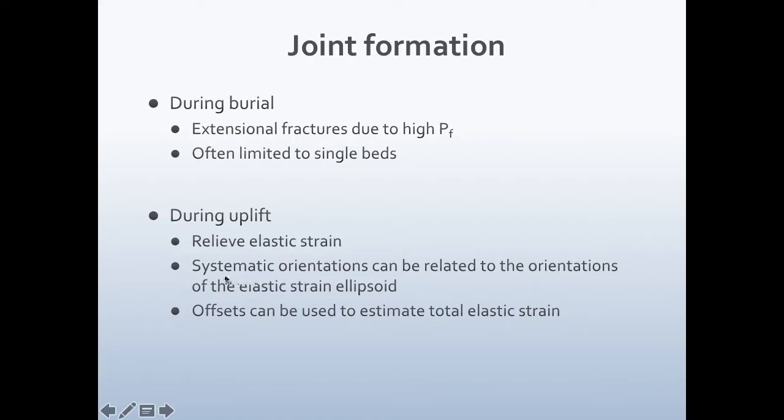The systematic orientations of joints, as we said, they tend to occur in parallel sets, can give us a sense of the strain that is occurring. The joints are facilitating a very small amount of strain. So we can look at the orientations to get some idea of the S1, S2, S3. And those offsets can be used to estimate a total elastic strain that's relieved.